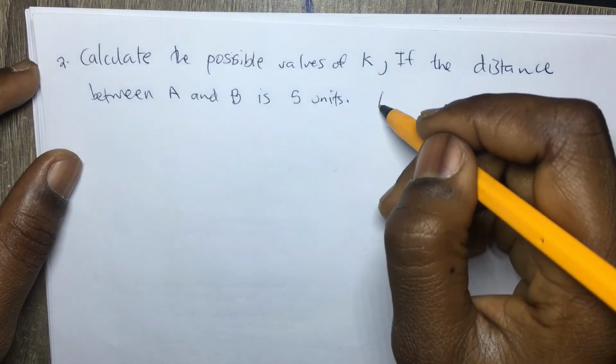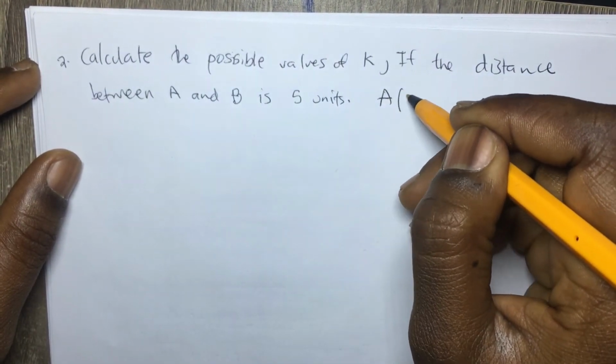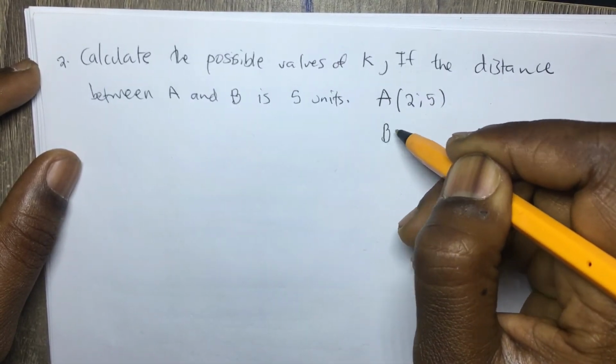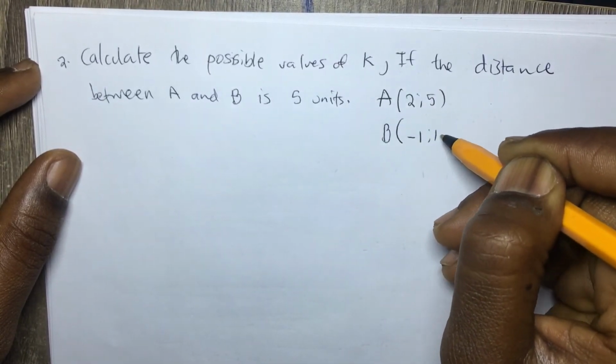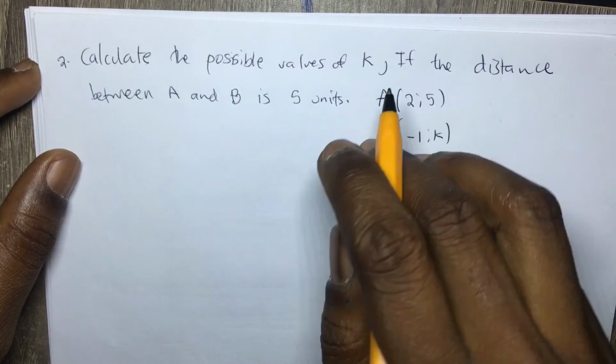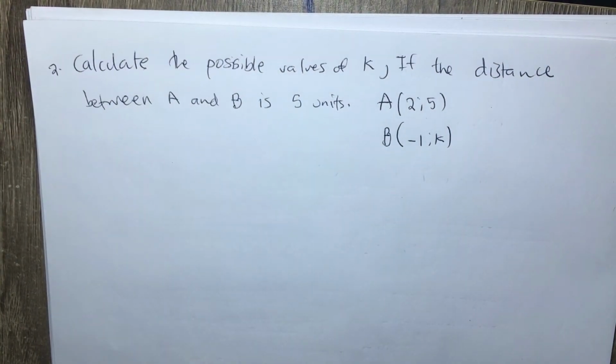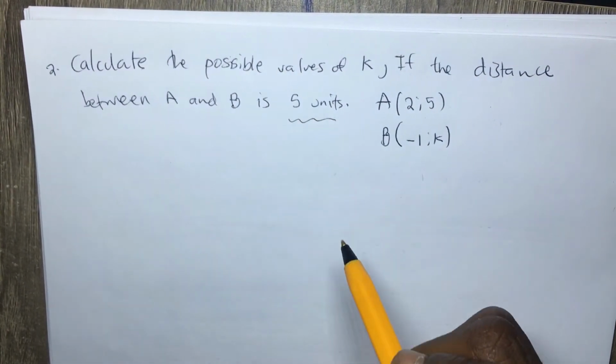And then you're given the coordinates of A as 2 and 5, and the coordinates of B as -1 and K. Wonderful.